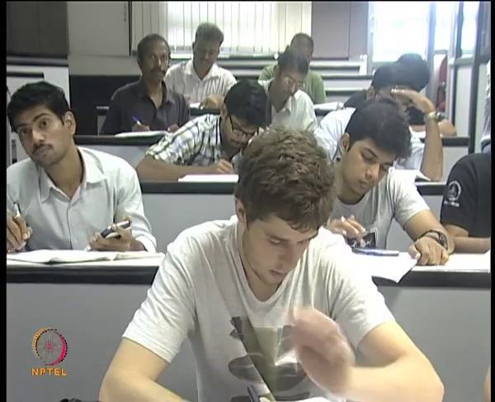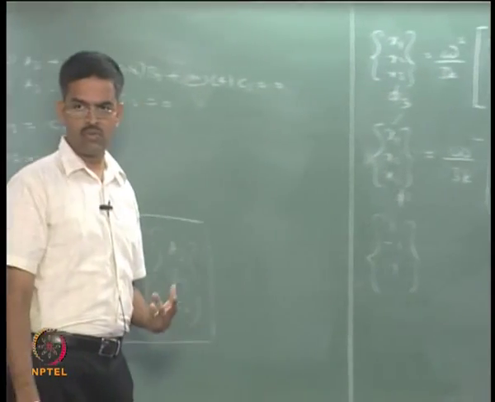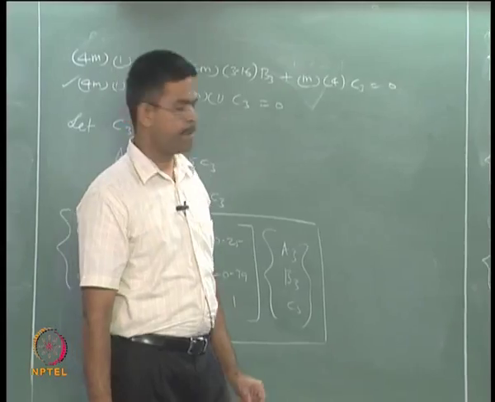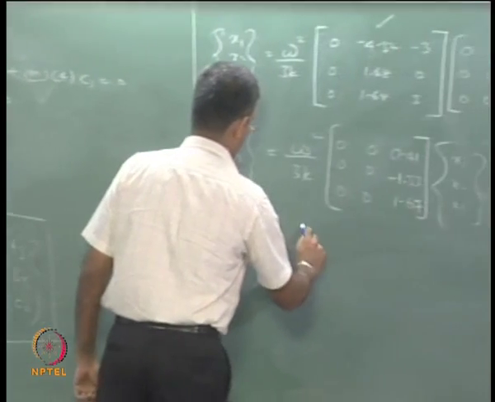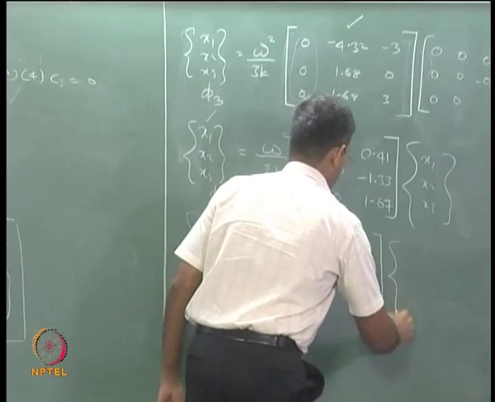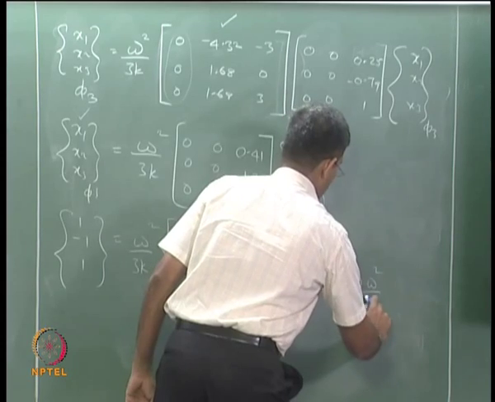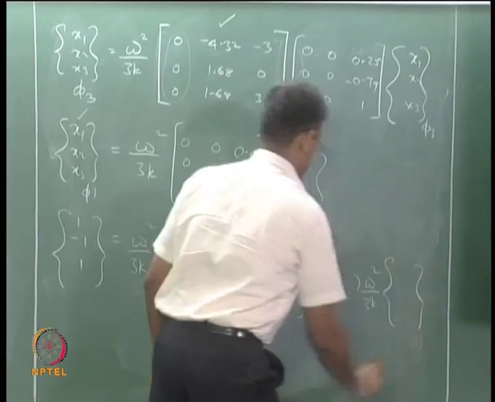Is that okay? So now I am going to assume the vector says third mode, so I should have 2 zero crossings. So I can start from positive to negative back to positive, I will get 2 crossings now, which will be omega square by 3k of this matrix of 1, minus 1, 1, which will give me a multiplier of omega square by 3k of some value.